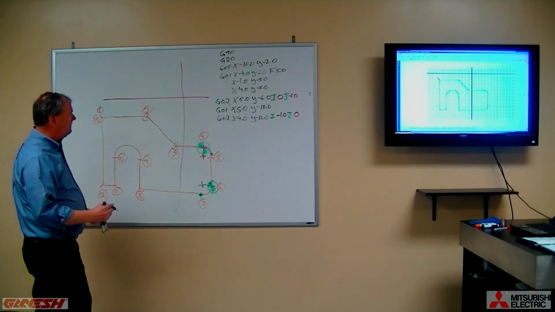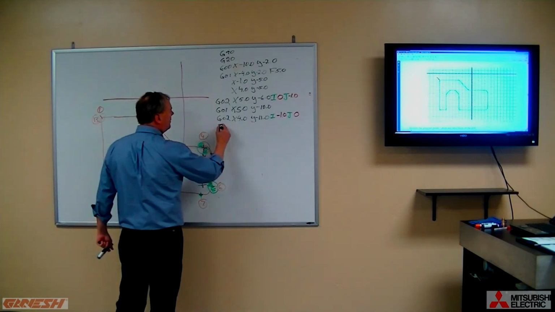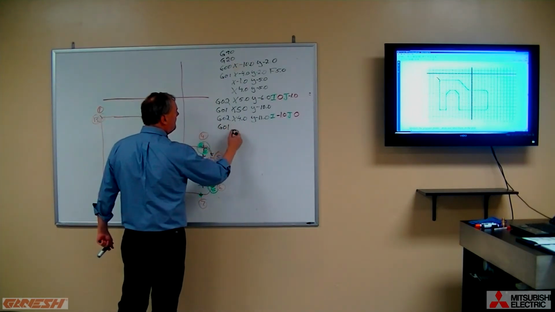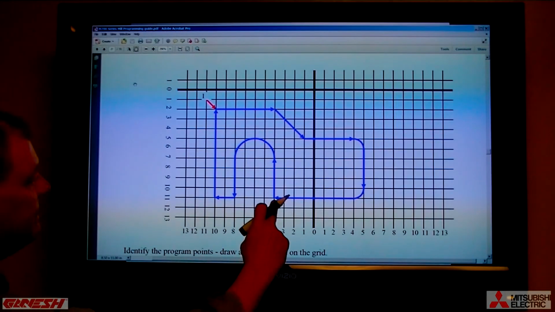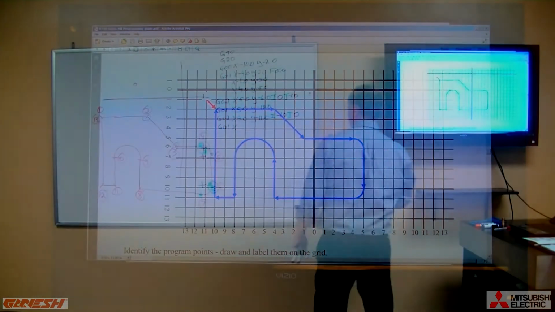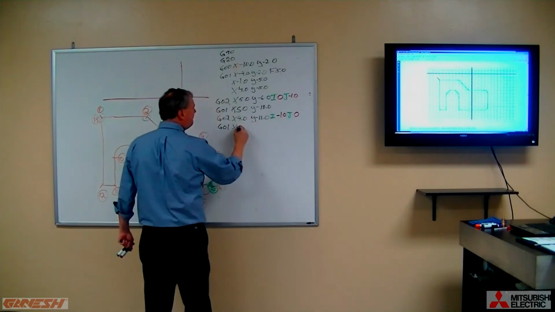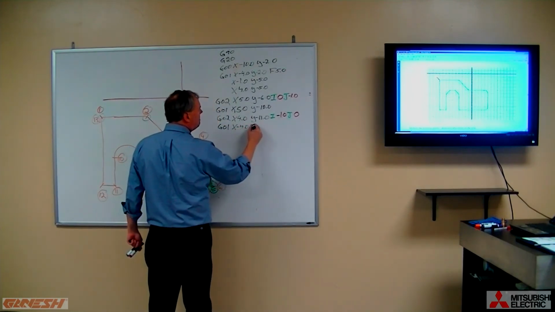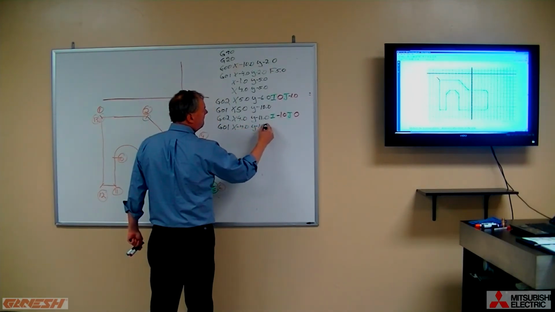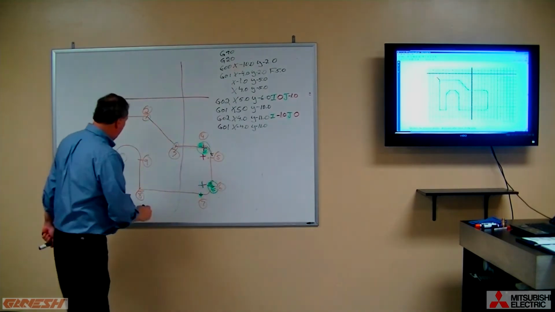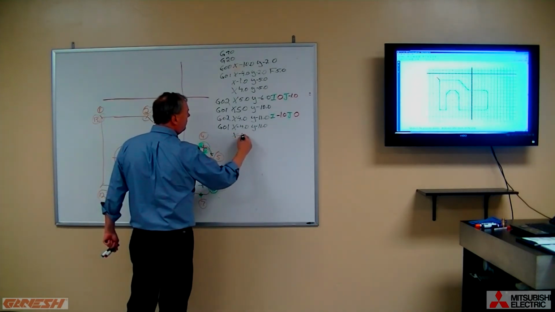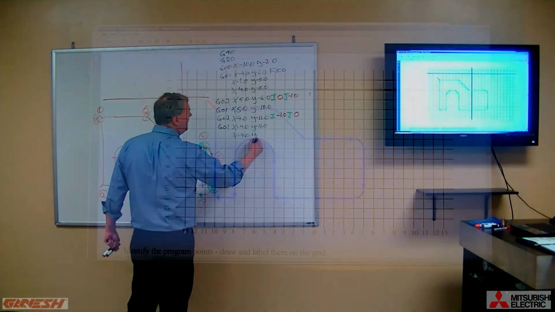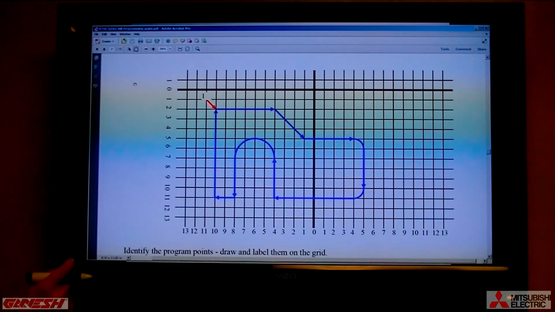So, for point number 8, we want to reinstate our G01. And we go to the coordinates of point number 8, which are x minus 4, y minus 11. And now we want to go up to point number 9, which is at x minus 4, y minus what?